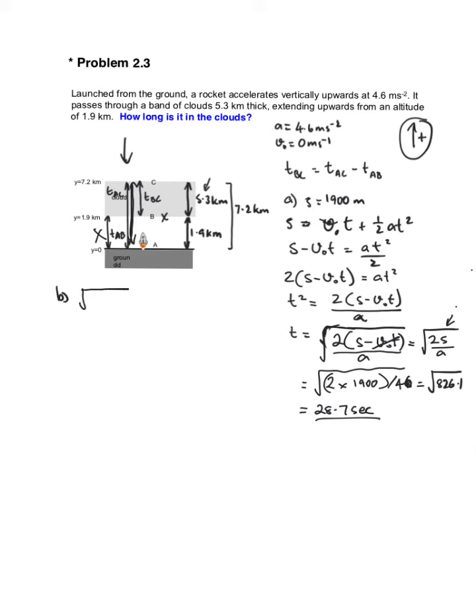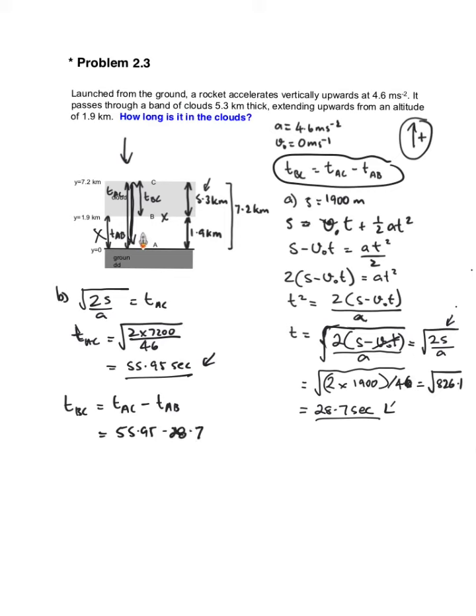Because our initial velocity was 0, it's just the square root of 2S over A equals T A C. The square root of 2S this time is 7,200, and the acceleration is 4.6. If we do that calculation, we get 55.95 seconds.